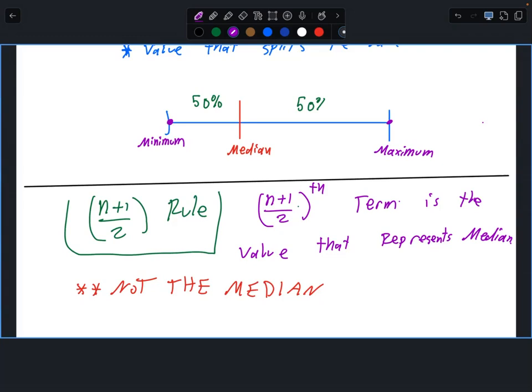So remember when we said there were 11 terms, and we did 11 plus 1 gave us 12. 12 divided by 2 gave us 6. Now is 6 the median? I want to really emphasize that 6 is not the median. The 6th term is the median when it's in order from least to greatest. Okay? The 6th term divides it in half. All right?